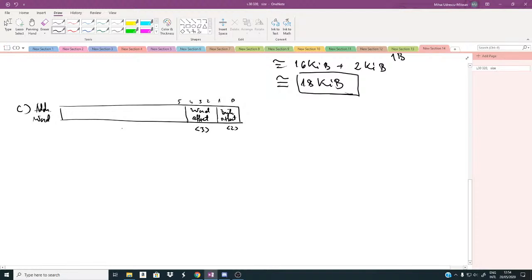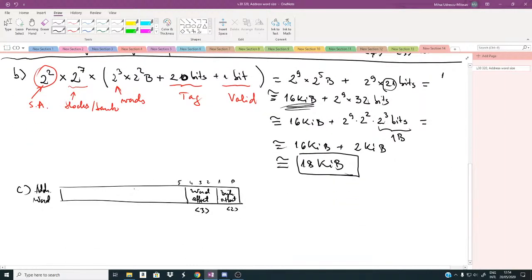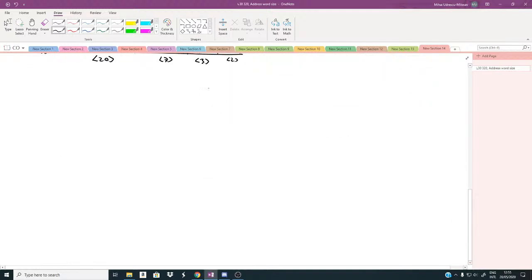This is the index, which is on 7 bits. And this is the tag on 20 bits. We have something like this.